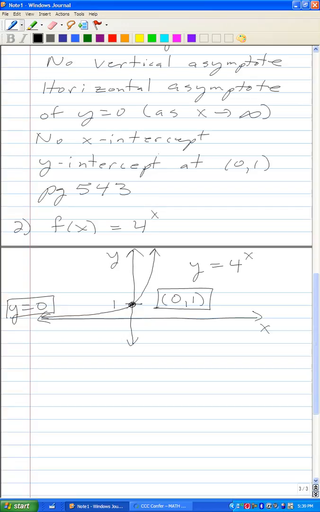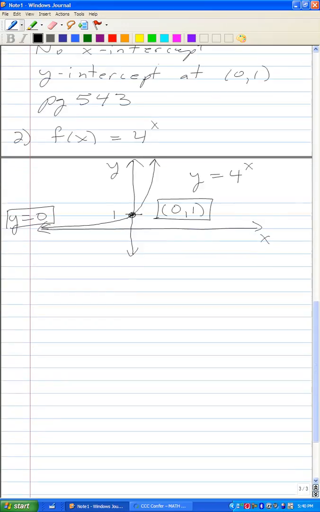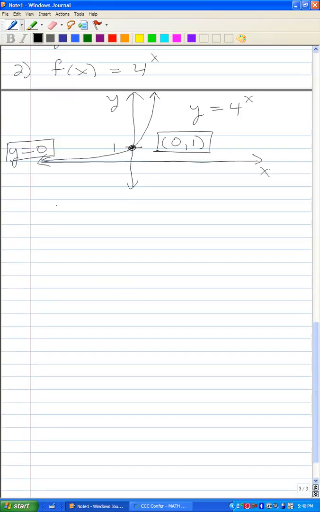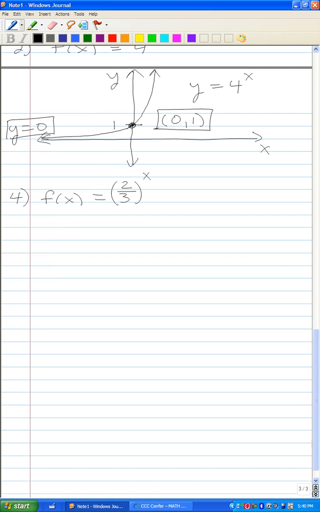Let me do problem number 4. f of x equals 2/3 to the power x.